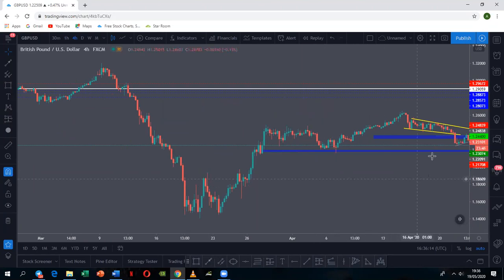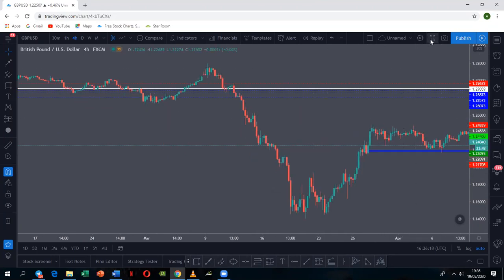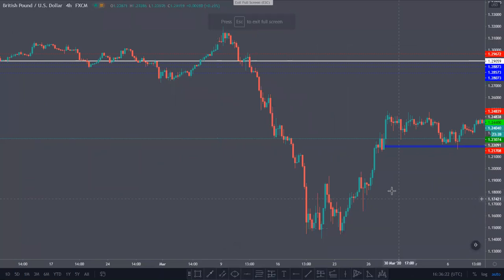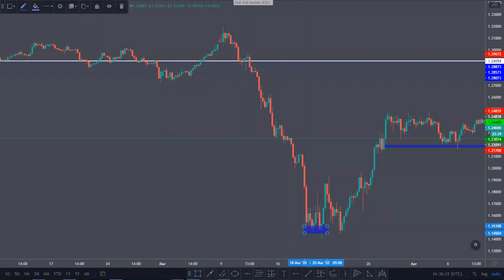So let's look at this. So here we're trading the GBP USD. So I want to focus on this. Price fell, and then you notice that a new low was formed here. Okay, and then price rose up again. It failed to break the previous high, which is this one.